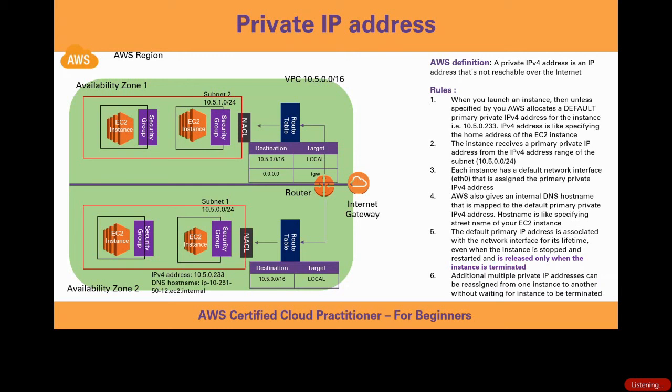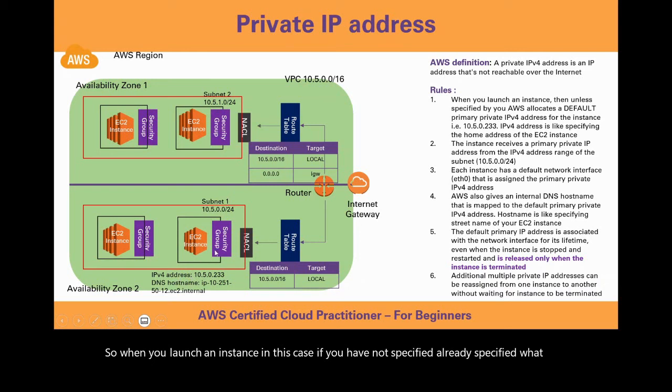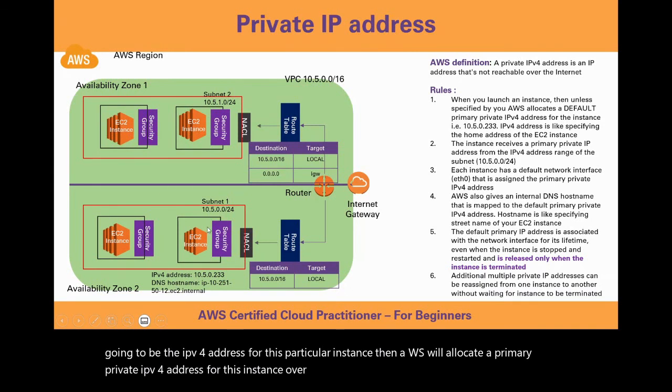So when you launch an instance, if you have not already specified the IPv4 address for this particular instance, then AWS will allocate a primary private IPv4 address for it.